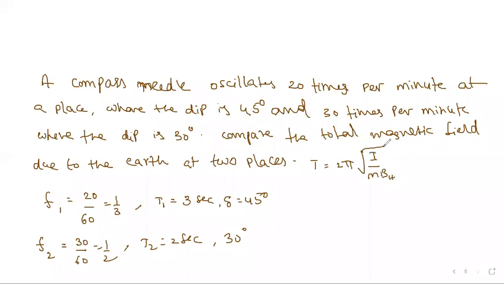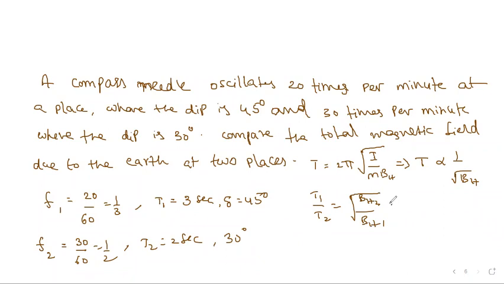Now, in both the cases, we are using the same type of magnetic needle only, so I becomes the same and the magnetic moment becomes the same. So what we can write for T? T proportional to 1 by root over BH. Okay. Now, T1 by T2 will be root over BH2 by BH1.